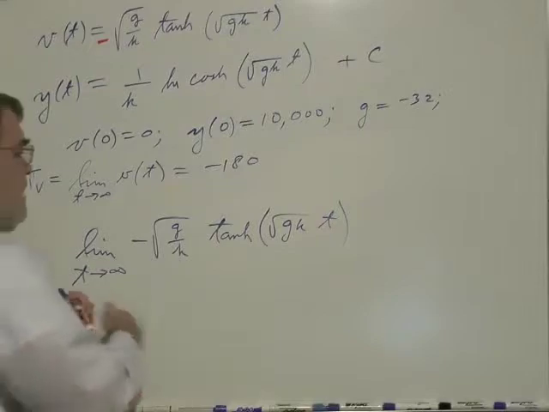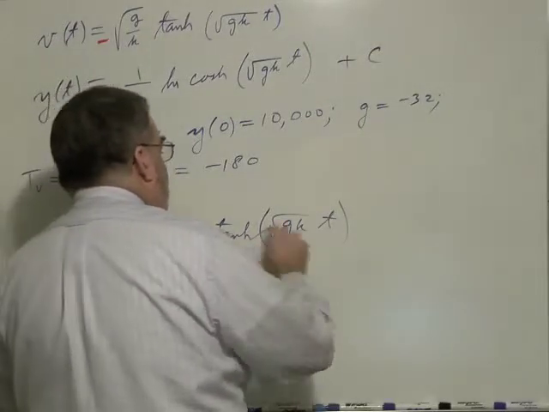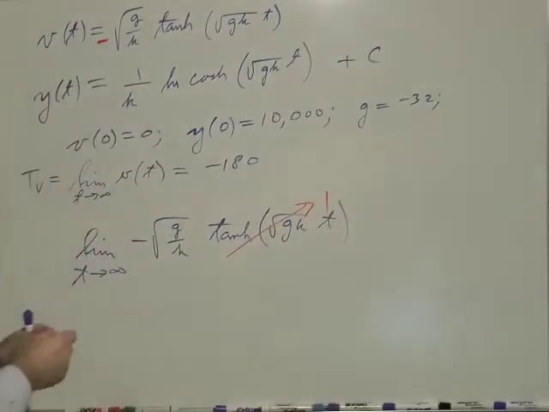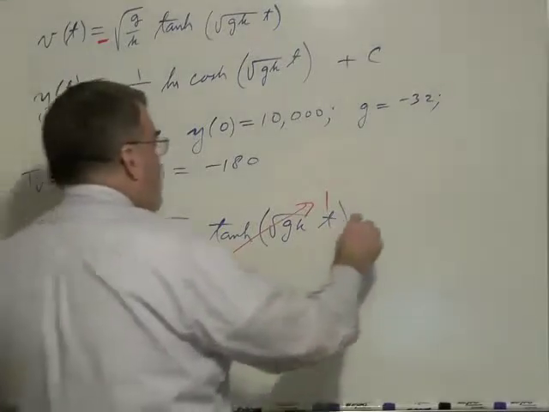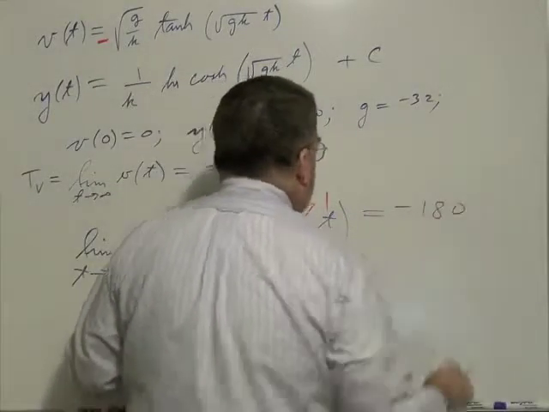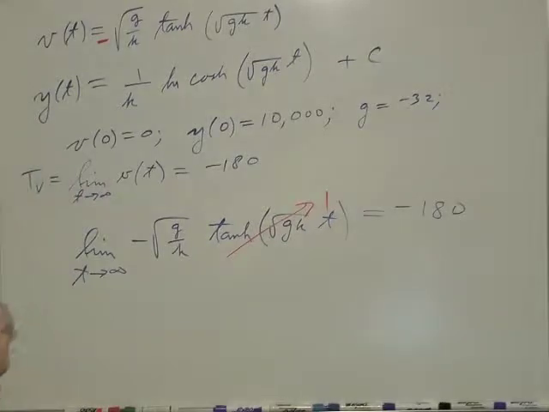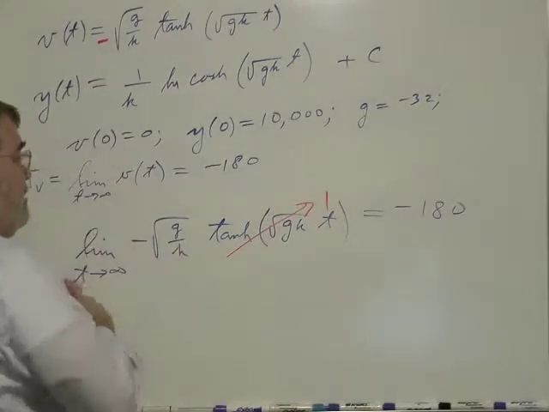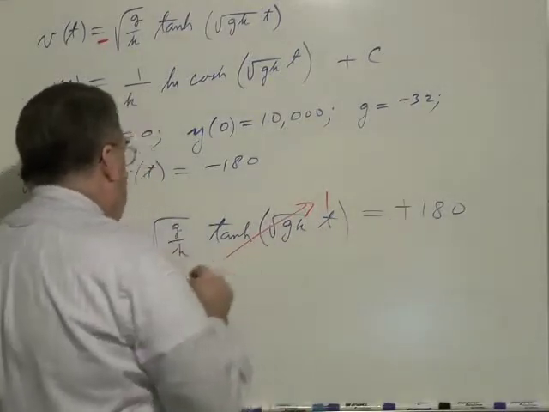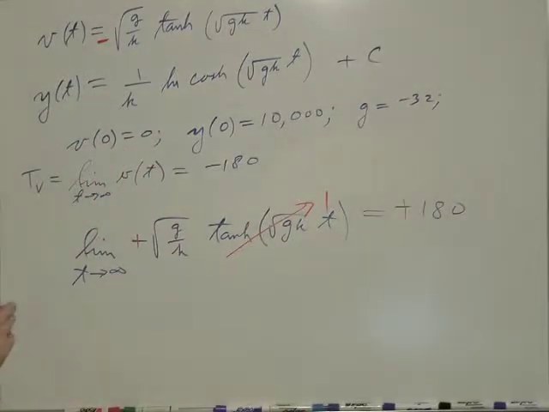Now, like we said, this tangent goes to 1, and our limit was 180 feet per second going down, and so I needed those negatives to cancel. That's why I wanted a negative up here. So the negatives cancel, and now we can figure this out.